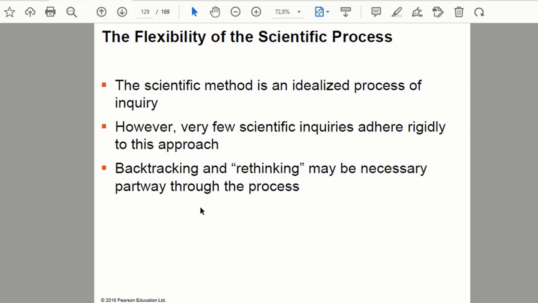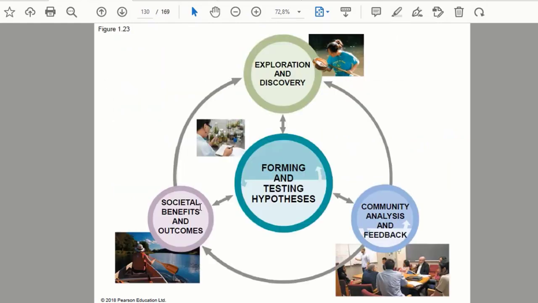So the flexibility of the scientific process: the scientific method is an idealized process of inquiry, of finding out, but very few scientific inquiries adhere to this approach, with backtracking and rethinking which may be necessary along the pathway.